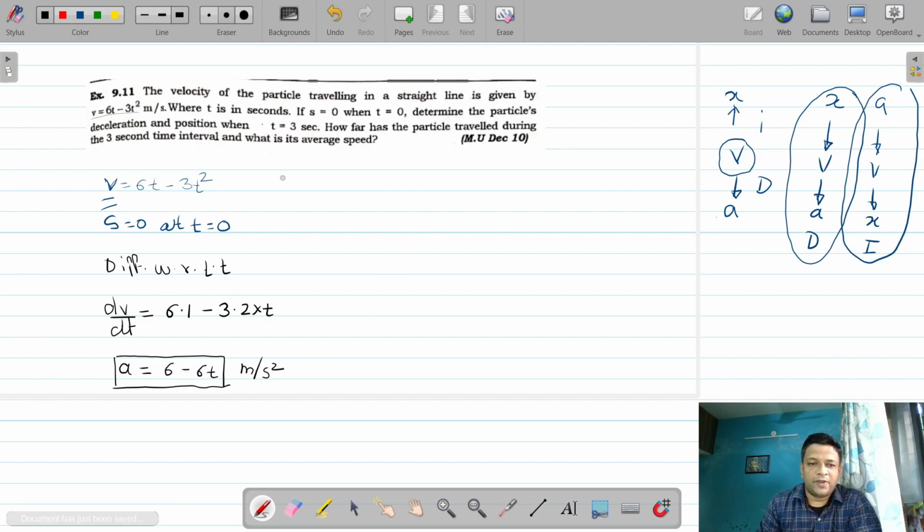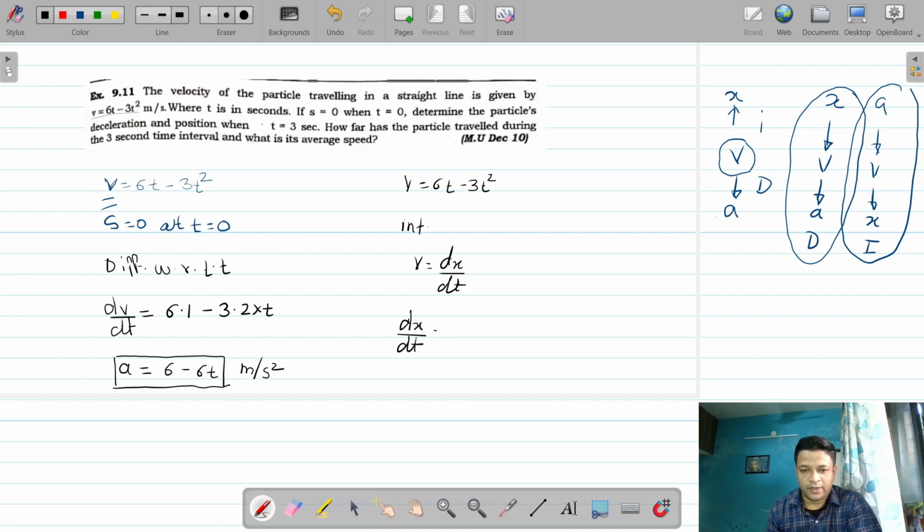Now from this velocity equation, 60 minus 3t square, we'll find the displacement. To get the displacement, we should integrate this equation. Now what is v? v is equal to dx by dt. So we'll put it there: dx by dt is equal to 60 minus 3t square.